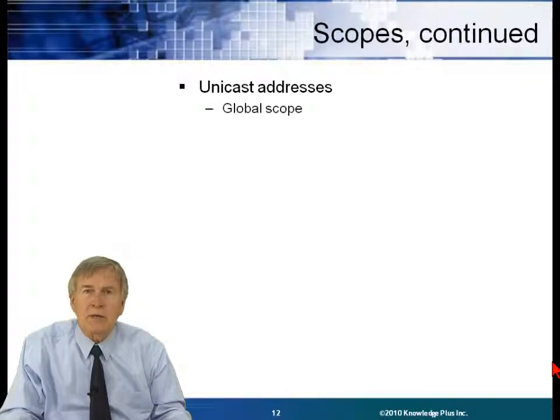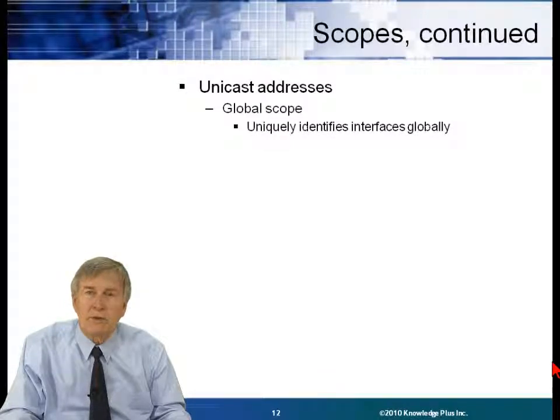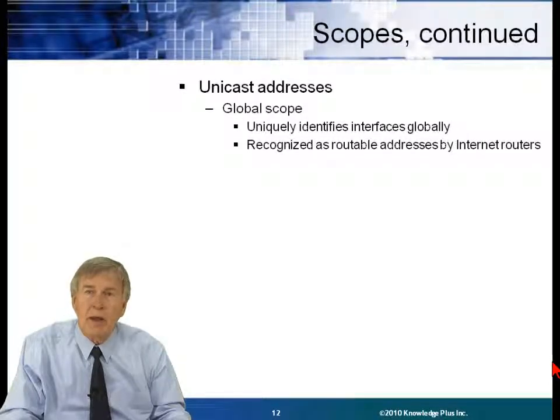Unicast addressing will have global scope. If it's globally unique, then there shouldn't be any problem using it anywhere to communicate. It uniquely identifies the interfaces globally and is recognized as a routable address by internetwork routers. That's a very important distinction that other addresses do not have.